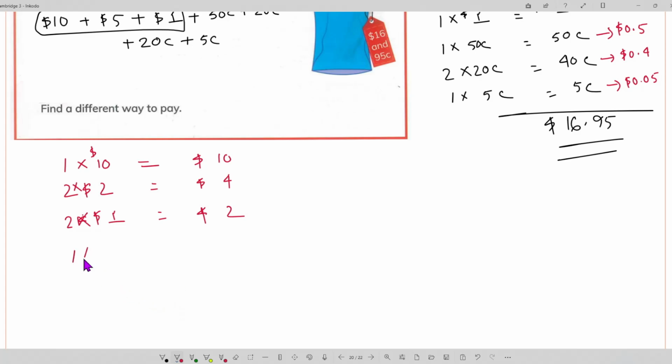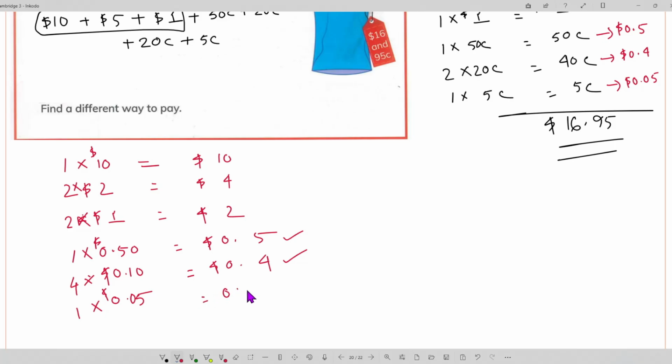Now 1 times 50 cent, it's $0.50, and 40 cent, so it's 90 cent, and he can use 1 times 5 cent, right?